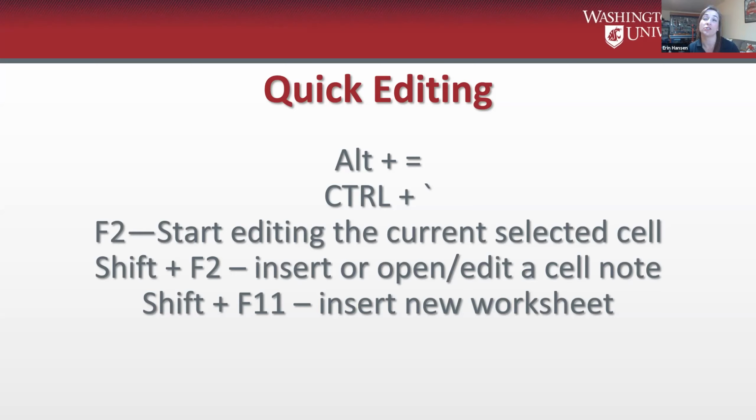F2 will allow you to insert data or open and edit the currently selected cell much faster than double clicking with a mouse. Shift and F2 will insert or open and edit a cell note, and Shift and F11 will insert a new worksheet.